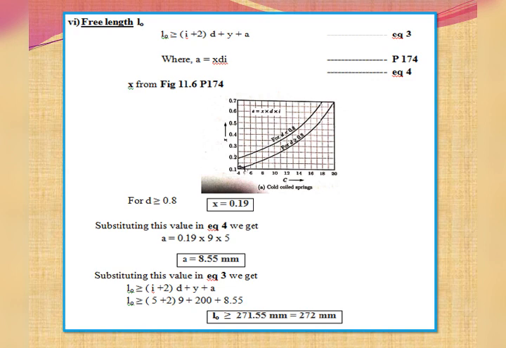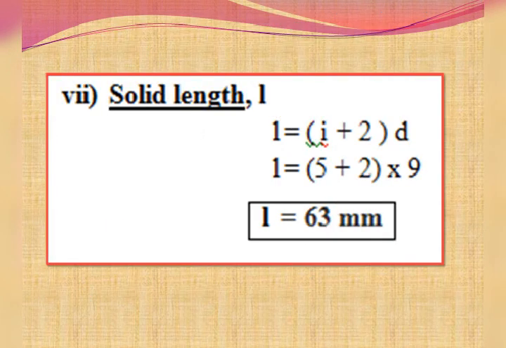Equation number 3 implies L naught is greater than or equal to I plus 2, that is 5 plus 2, into d, 9 mm, plus deflection Y, that is 200, plus A, which is what we have just got, 8.55. Substituting this, we get L naught greater than or equal to 271.55 mm, or I round up that value to the next value, that is 272 mm.